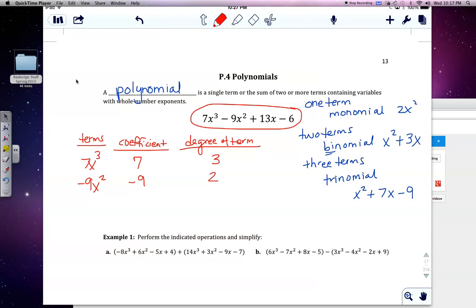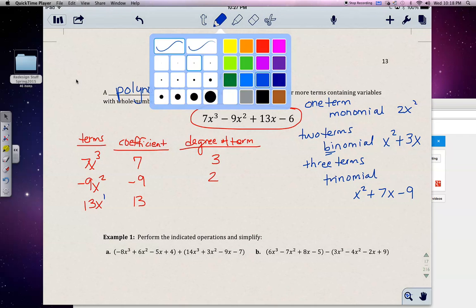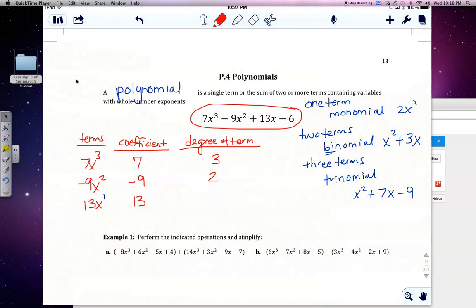The next term is 13x. The coefficient is 13. And the degree, which is the exponent, is going to be 1 because it's understood to be 1 right here. So the degree would be 1. The last term is negative 6, and the coefficient is negative 6.